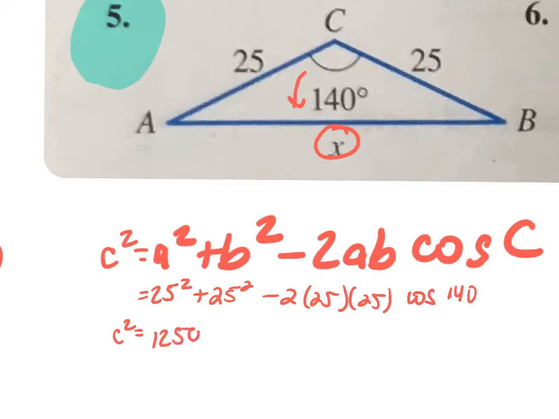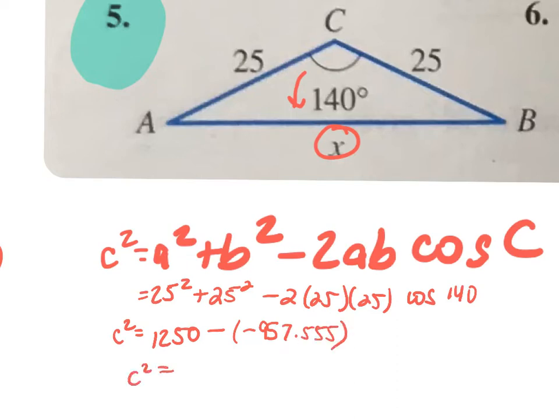So c squared equals 25 squared plus 25 squared, 1250, minus 2 times 25 times 25 times the cosine of 140. Gives me negative 957.555.